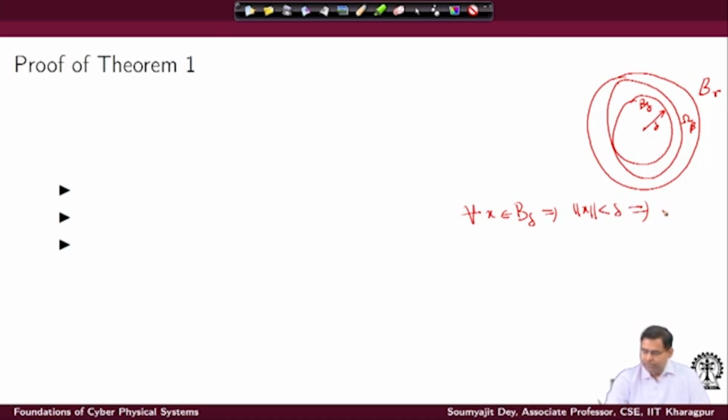So since b delta is completely located inside omega beta, let me just rewrite this a bit.